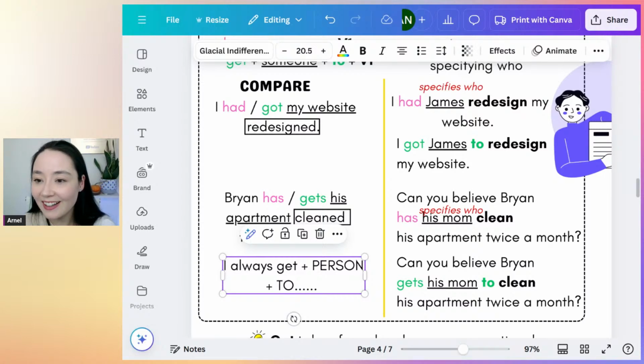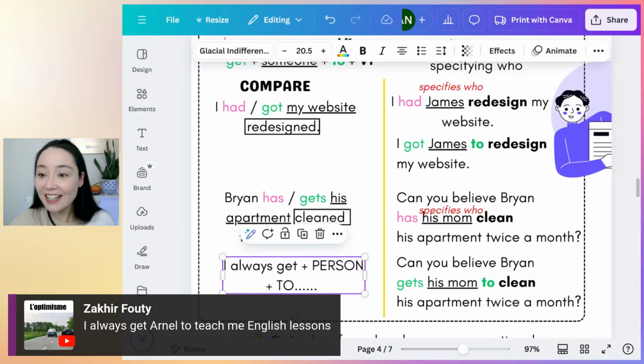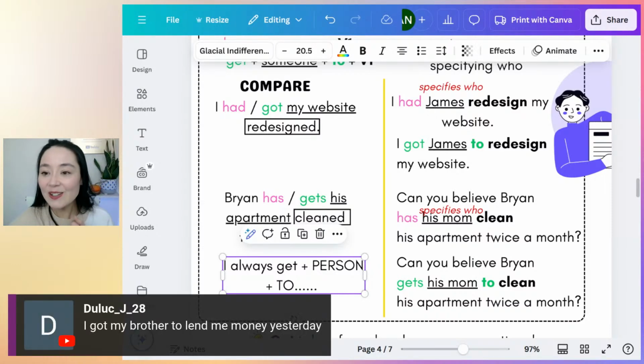Okay, good. Zakir says, I always get Arnel to teach me English lessons. Very good. Yes. Duluk says, I got my brother to lend me money yesterday. Very good.